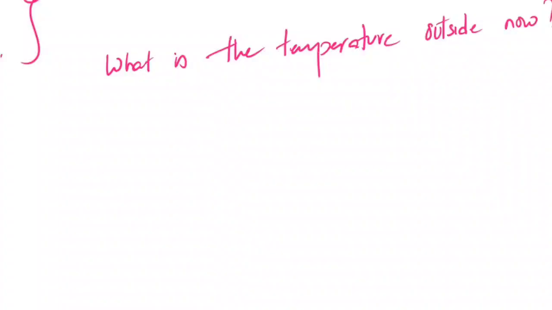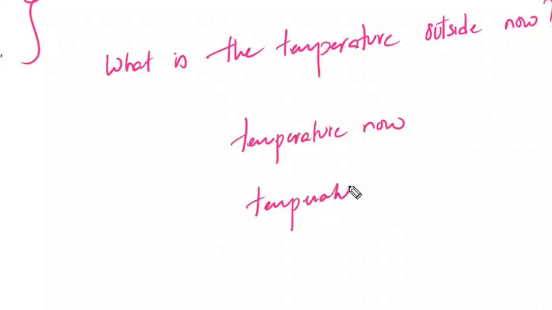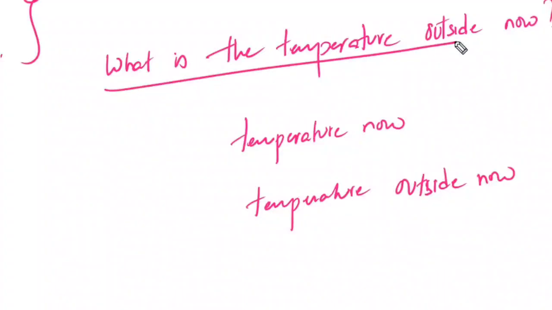If you ask "temperature now," or "the temperature outside now," you ask the Google Assistant these three different questions, but the answer will be the same. Because the Google Assistant is not going to work on the sentence. The Google Assistant works on the words.